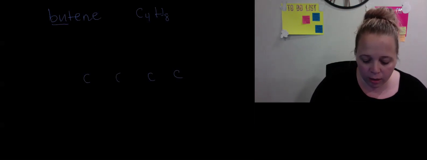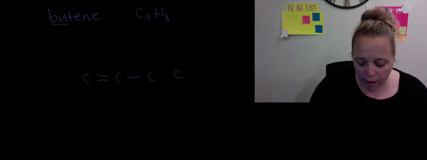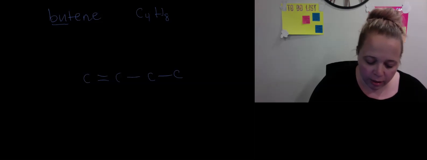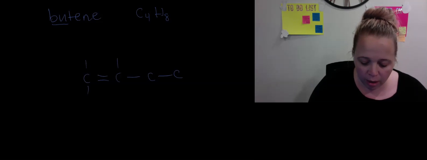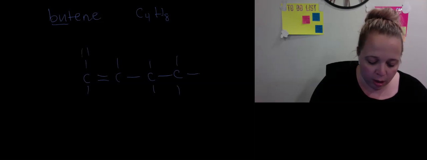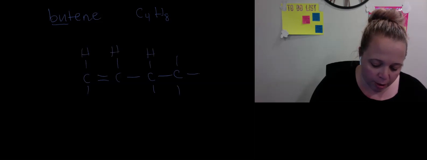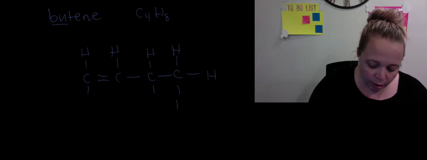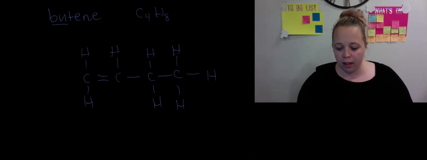It's an ene, so it's going to have a double bond. The others have single bonds. And then I count around my carbons. So this carbon's got 2 bonds here, 1 up, 1 down. This one has 3 bonds, 1 up. It doesn't matter if they're up or down, but essentially I need to make sure that surrounding every carbon atom, there are 4 lines. No more, no less. Okay? And that is butene.